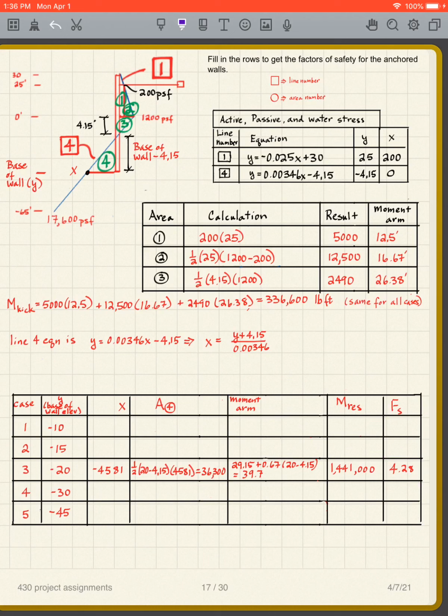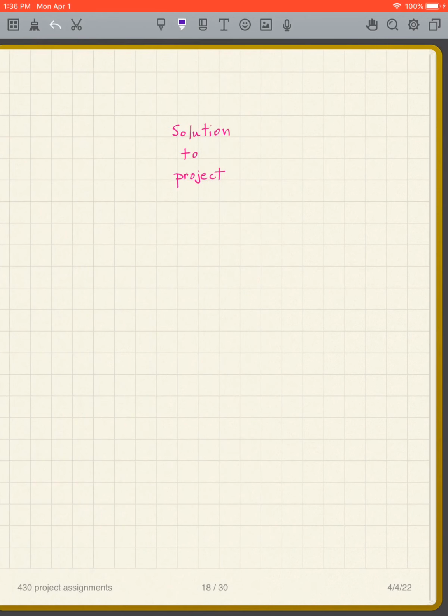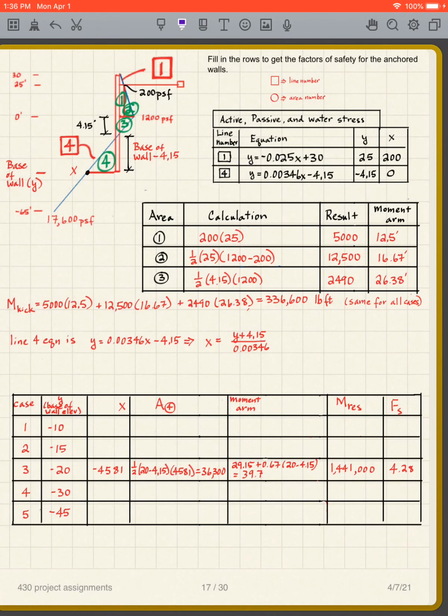In other words, if the answer is someplace between -30 and -45, then you should interpolate to get the best number. Okay. That is the description of this part of the project.